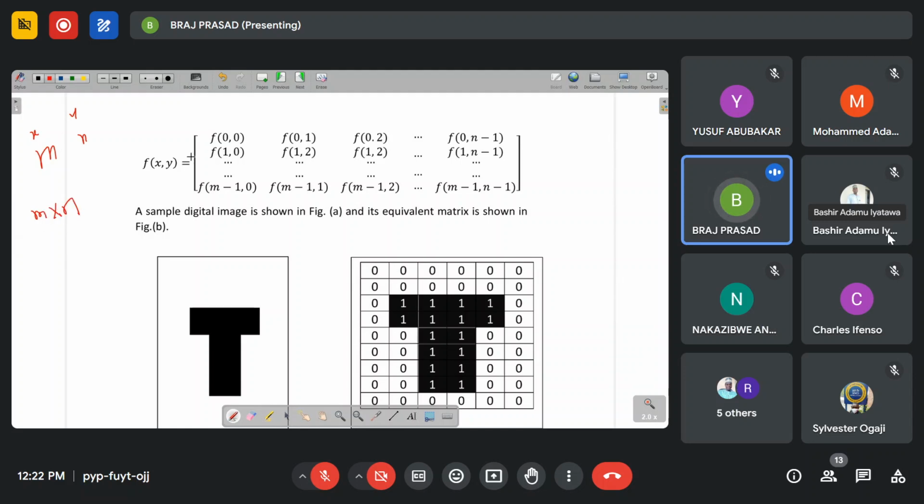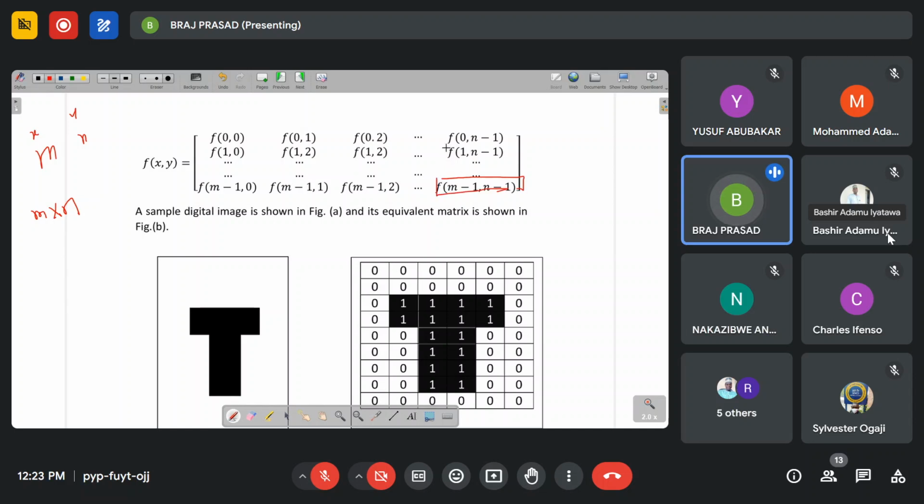array, and that array is 0,0; 0,1; 0,2; up to 0,n minus 1; then 1,0; 1,1; and up to 1,n minus 1. And in the last row we can write m minus 1,0; m minus 1,1; and so on. This is our one cell.